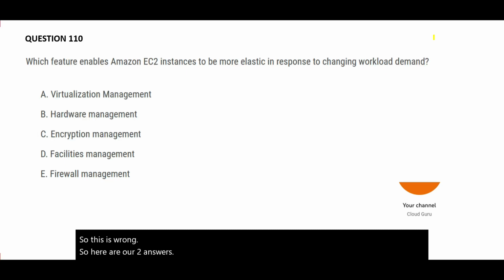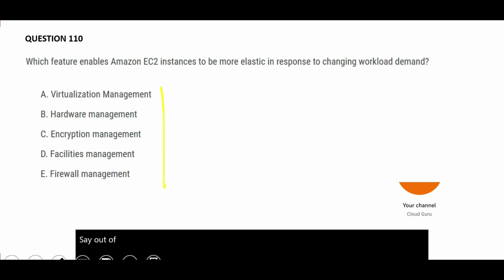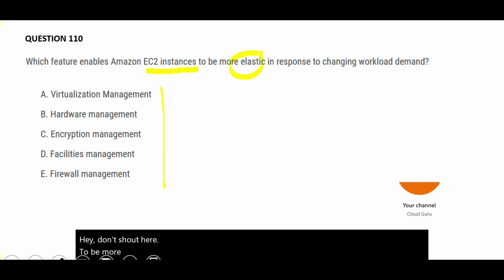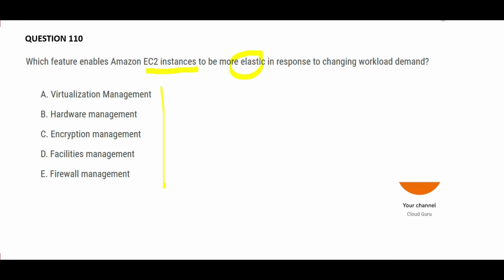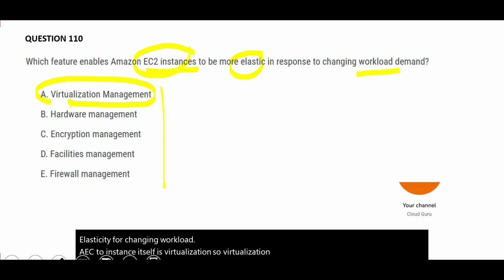Let's look at the last question for this video. Out of these five options, which feature enables EC2 instances to be more elastic? Elasticity is for changing workload, and the EC2 instance itself is virtualization. So virtualization management should be the answer here.